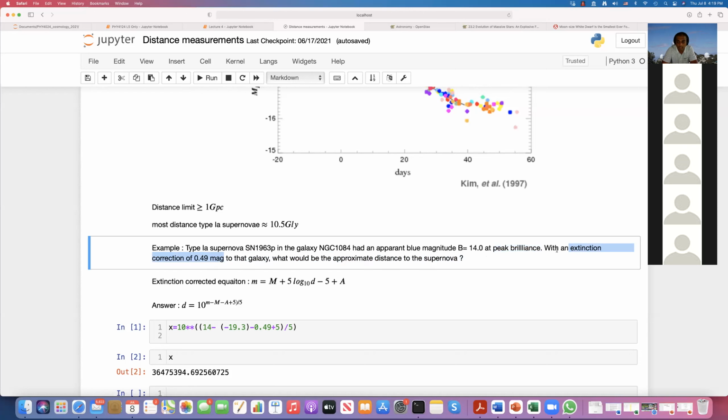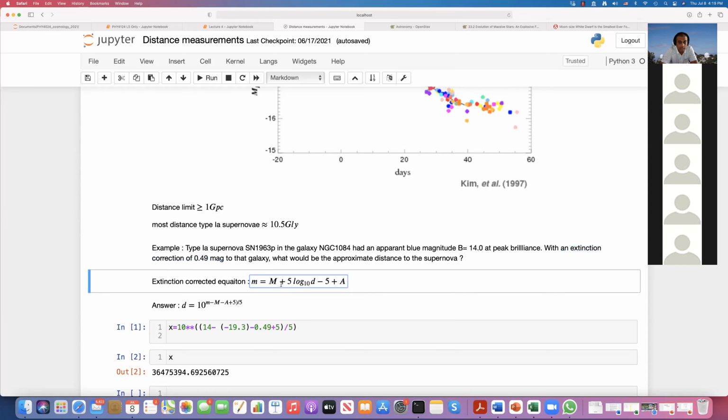And there is nothing special here, right? The idea is that objects get dimmed because of this effect called extinction. And if you know the amount, you can take that amount into the calculation, right? So that is the idea.